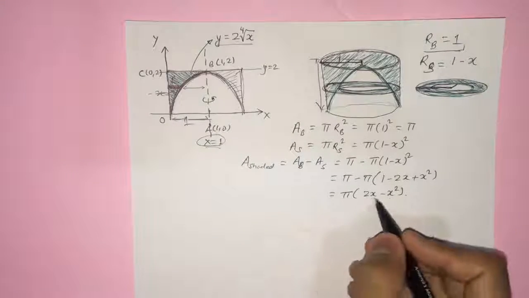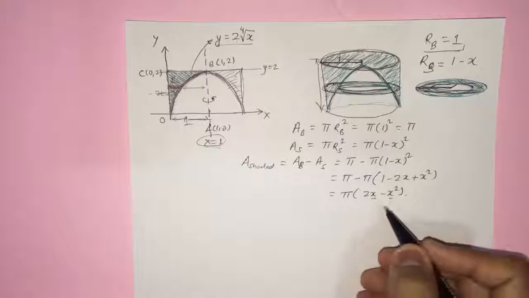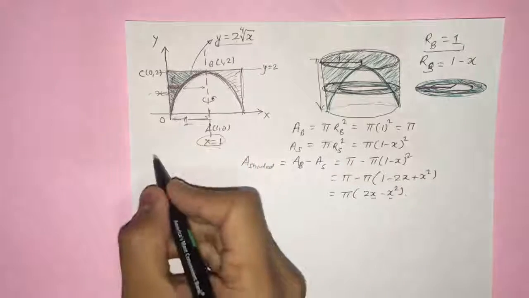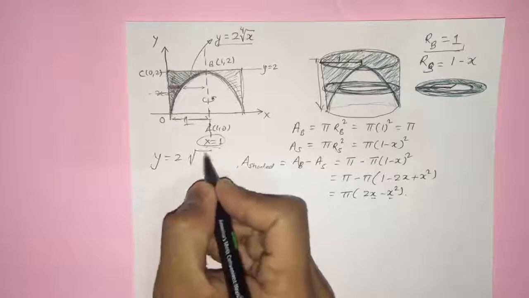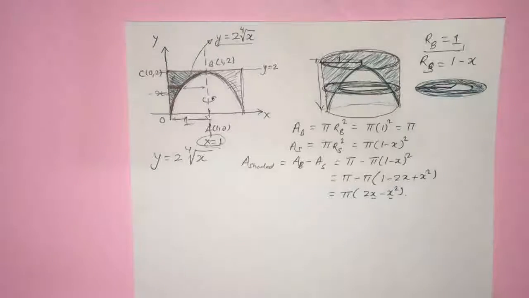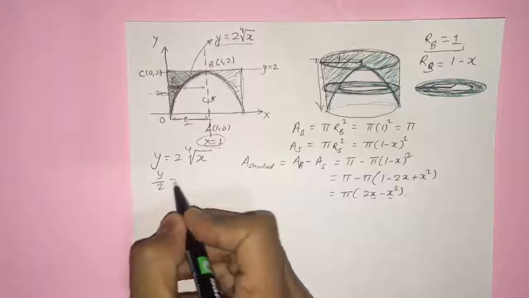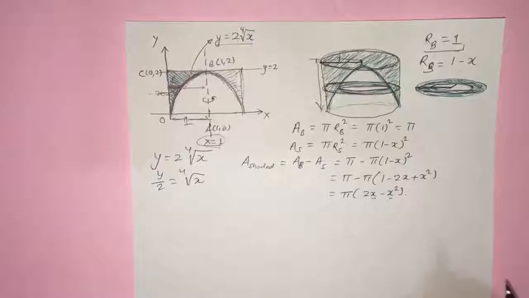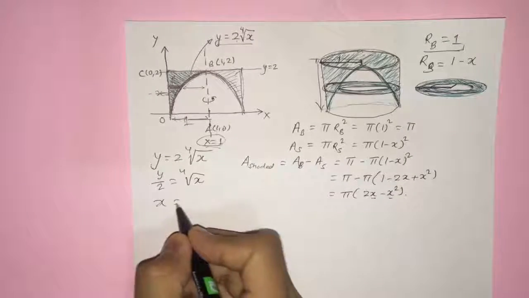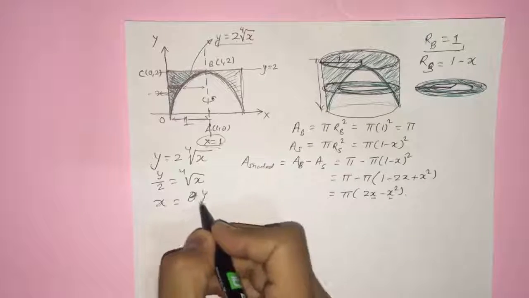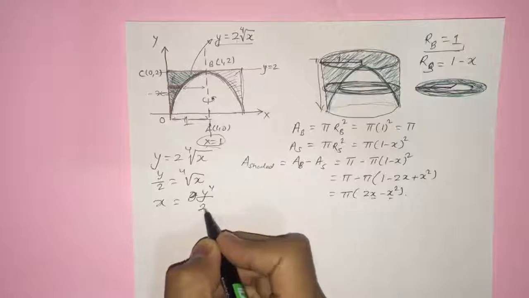So how do we find x in terms of y? We have the curve y equals 2 times the fourth root of x. So from here, x will be y raised to 4 over 2 raised to 4.